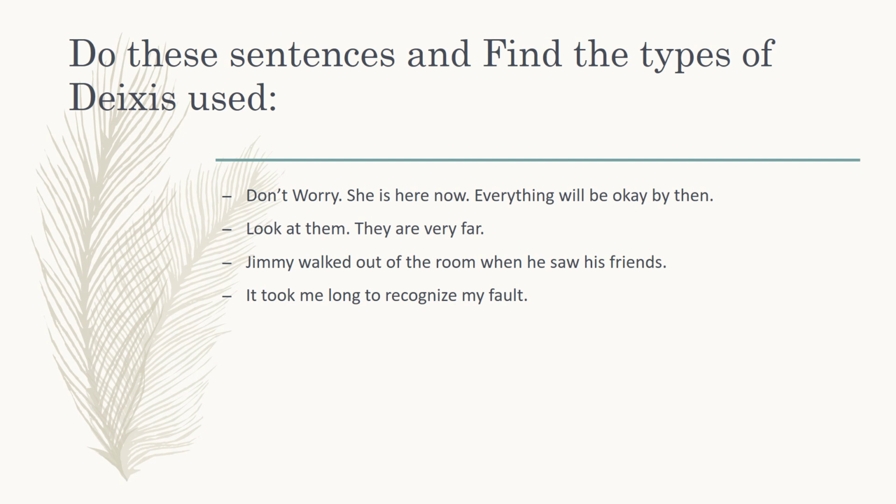So I'm pointing by my hands, and I also am pointing by my language, my linguistic units or terms. Very far. Far is what? Spatial deixis. I suppose you can do all other 3 sentences, number 1, 3, and 4. A very easy task, I believe.